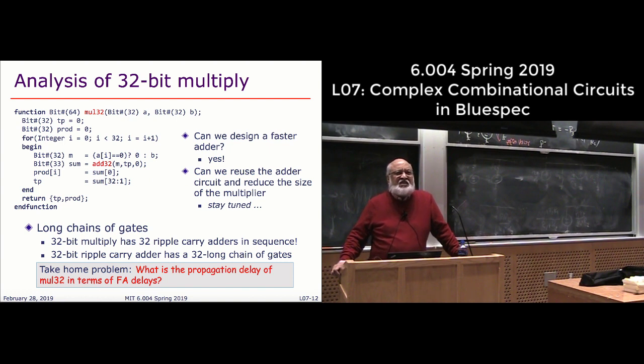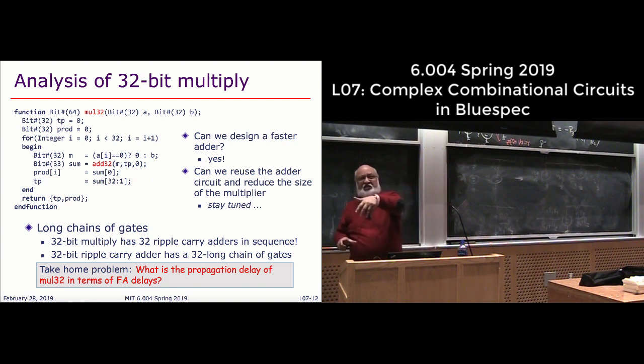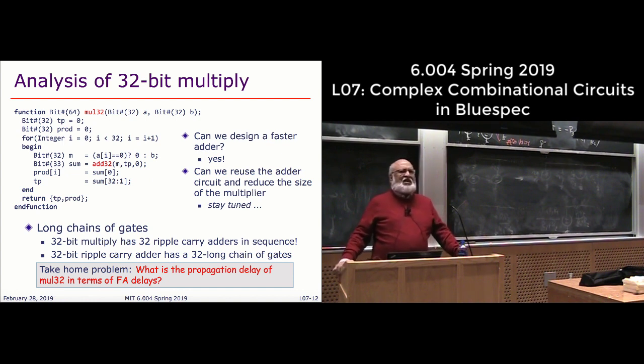Is there a data dependency in how these adders are connected to each other? Right? You're getting a lot of output from the previous adder, which is all being fed into the next adder. So, to the first approximation, long sequences. Your signals are going through 32 levels of adder circuitry.